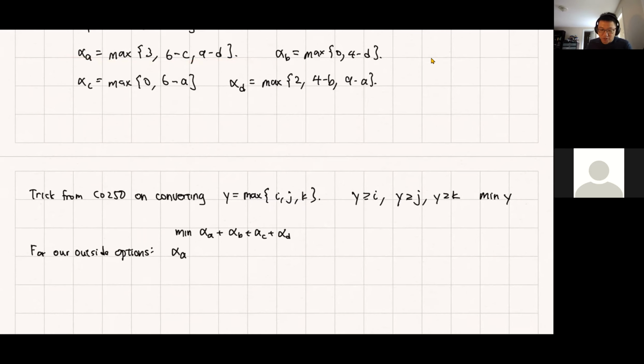Minimizing the sum of these is equivalent to minimizing the individual variables. And we have alpha A is at least 3, alpha A is at least 6 minus C, and alpha A is at least 9 minus D. Together, these correspond to that: alpha A is the max of these three. When you convert it into linear program constraints, it becomes these three inequalities and minimizing alpha A.